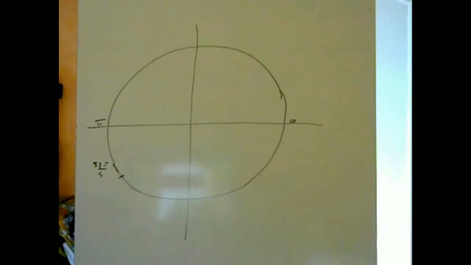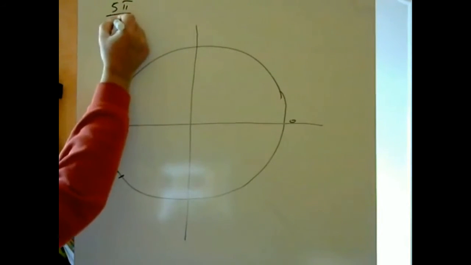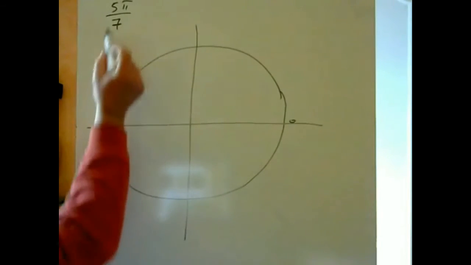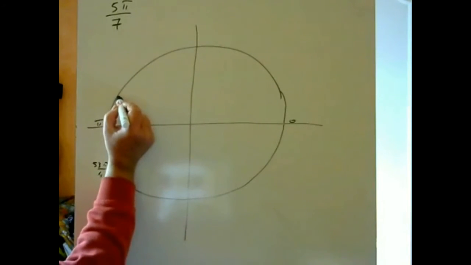Now, to finish, I will give you an example of an angle where the numerator is smaller than the denominator. For example, 5 pi over 7. The numerator is smaller than the denominator, so this is a principal measure which can be placed directly on the circle. 5 pi over 7, so I will take pi and divide it into 7 equal portions.